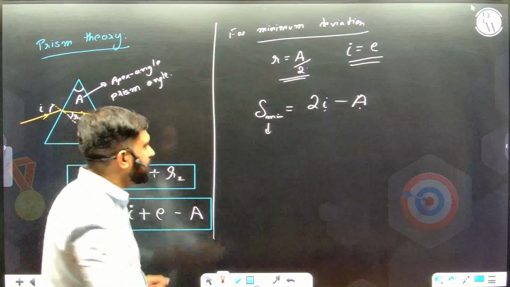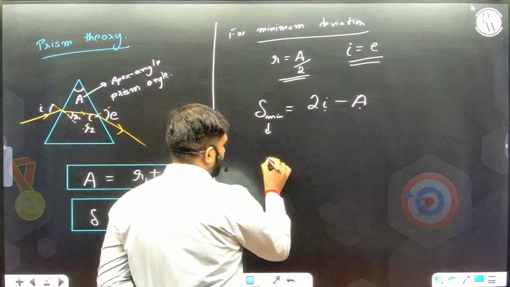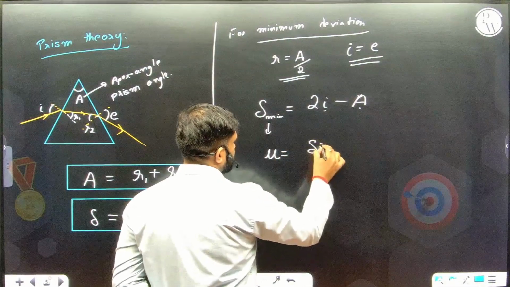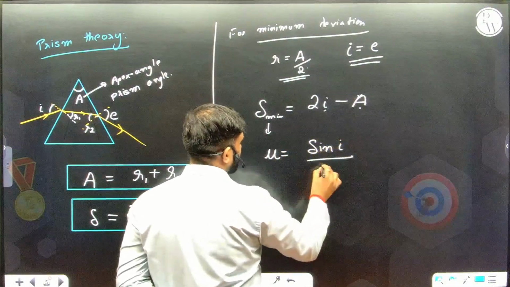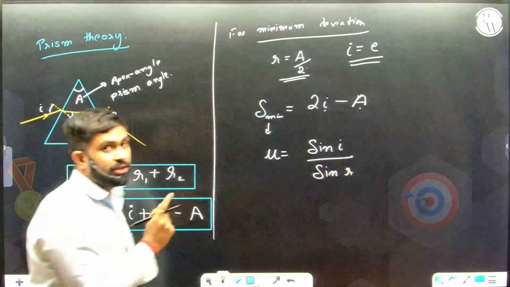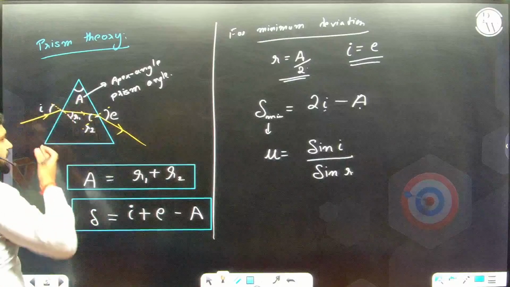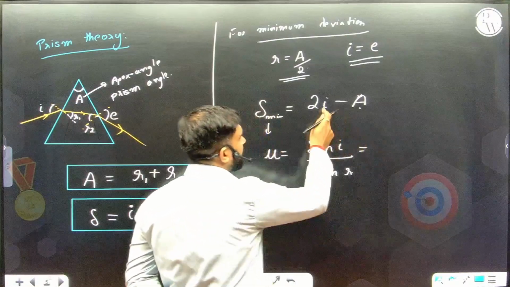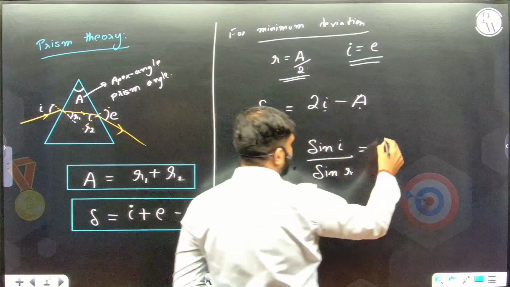Yes, we can definitely apply Snell's law. So if I apply Snell's law, I can write mu is equal to sine I upon sine R at one boundary. Okay, just the first boundary you can say here. Sine I, from here I can write it as (delta m plus A) divided by 2.